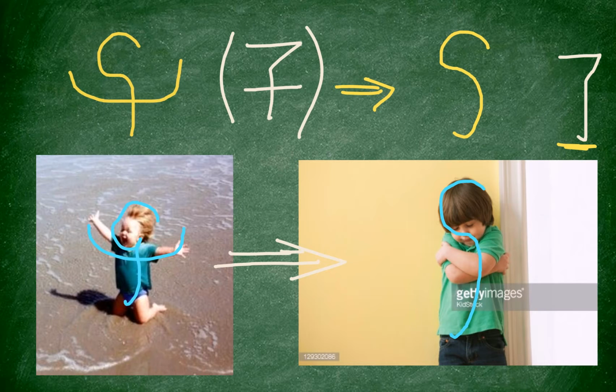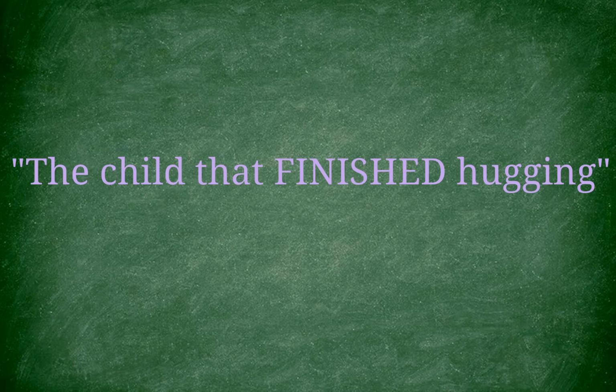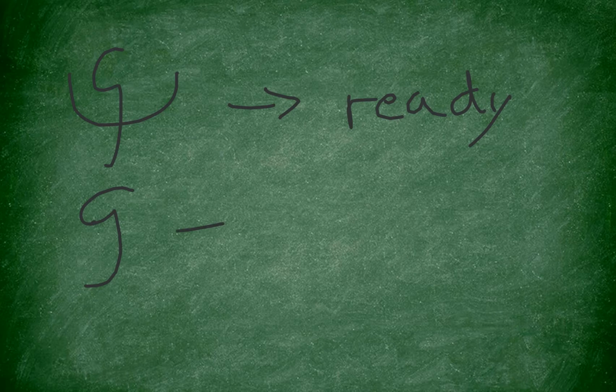As sad as the story may be, a child with arms, of course, was prosperous. It was ready. A child with no arms was finished, terminated.